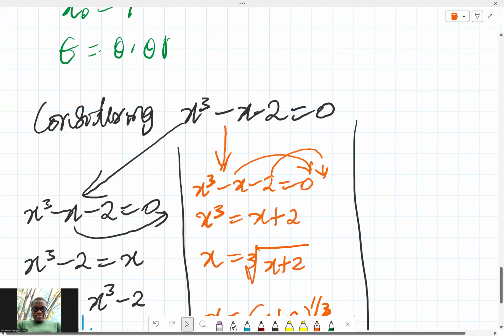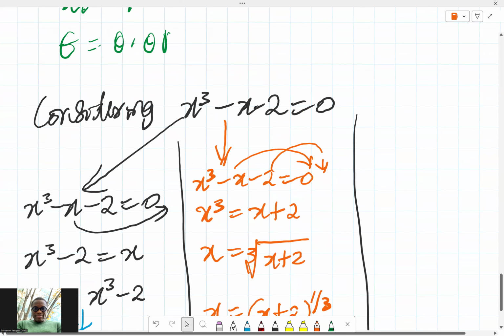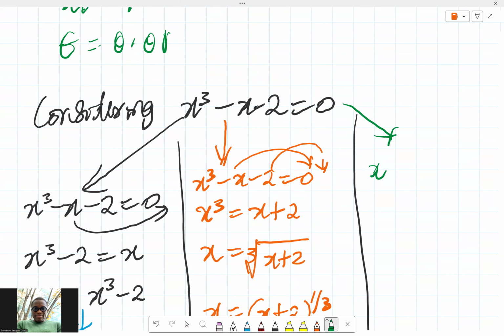Okay, but that's not all. We can still write it as this. You have x cubed minus x minus 2 equals 0.